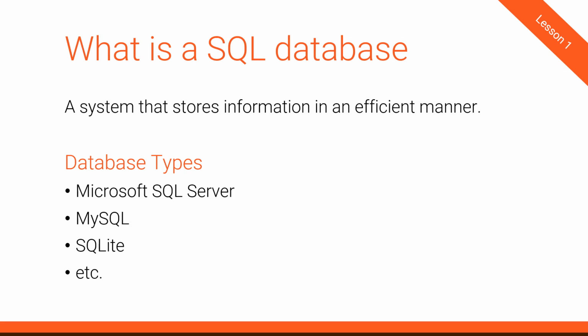Is that the same as a SQL database? Well, no. And there's a couple reasons why. One is that it does not store data efficiently. We'll also get into other reasons why in a minute, but for now, that's one of the reasons why Excel is not a SQL database. So efficiency is very important to a database. Now, a database holds all these different pieces of data together.